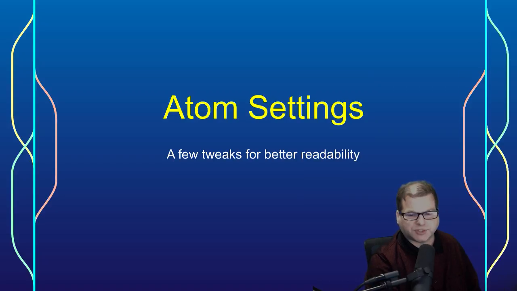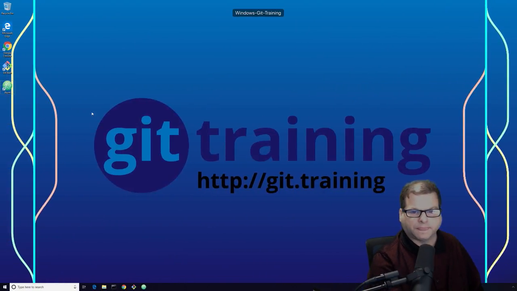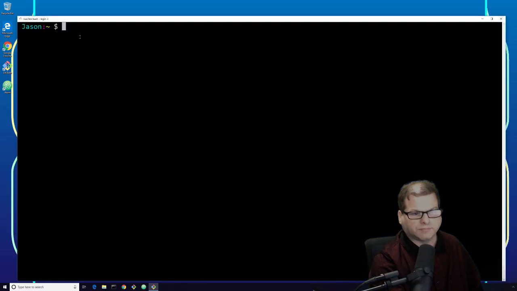Now that we've adjusted our settings for better readability, it's time to configure Atom to work seamlessly with our Git source control tool. Of course, this assumes that you have Git installed and you are using it as your source control tool. Let's open up Git Bash, and we will use the git config command to associate Atom as the core editor.